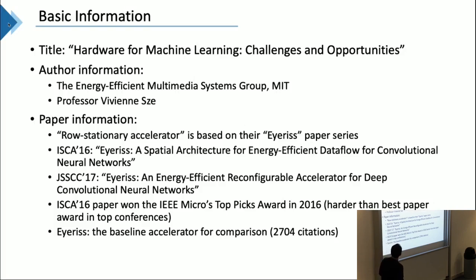The paper information is that this paper was based on the ISCA paper, the so-called Row Stationary accelerator. It is based on the Eyeriss paper, which, as I mentioned, is almost the first AI accelerator in the machine learning hardware domain. After this first ISCA paper, which is the most prestigious conference in hardware, they also published in JSSC.